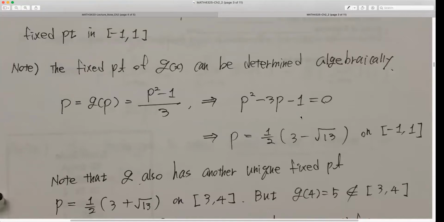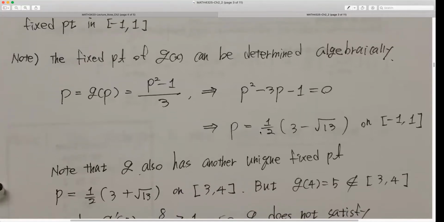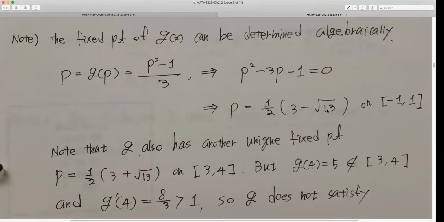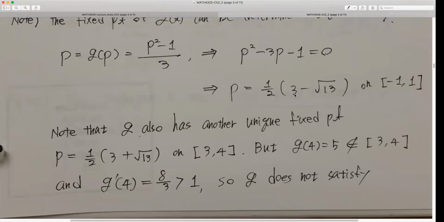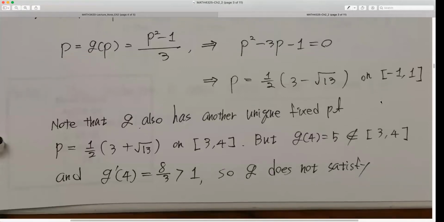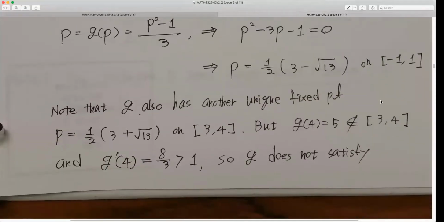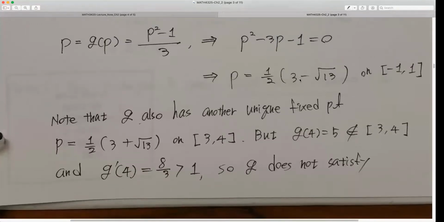Solving using the quadratic formula, we get one half times (3 minus square root of 13). You have to check that p is in the closed interval negative 1 to 1. So 1 half times (3 minus square root of 13) is in negative 1 to 1.